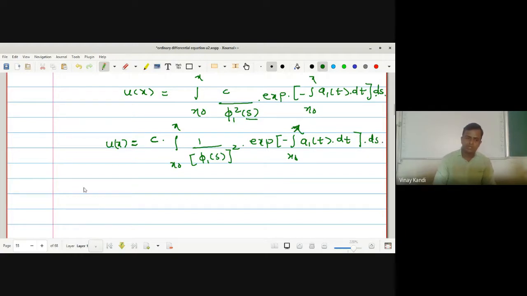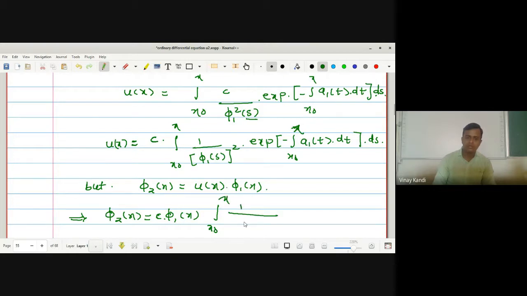But we have phi 2 of x is equal to u of x into phi 1 of x, which implies phi 2 of x is equal to phi 1 of x as it is, and c into phi 1 of x into u of x, which is nothing but this one, x naught to x 1 upon phi 1 of s bracket square into exponential of x naught to x minus a1 of t dt into ds.